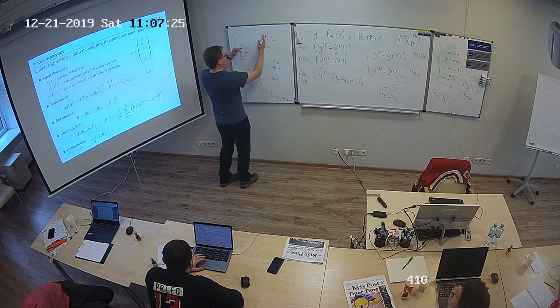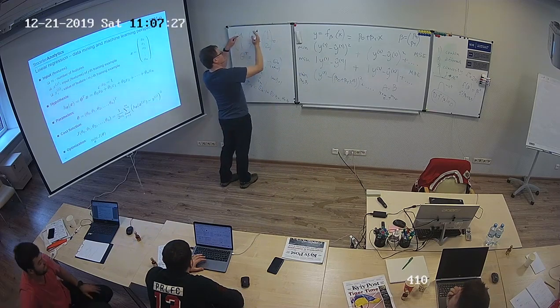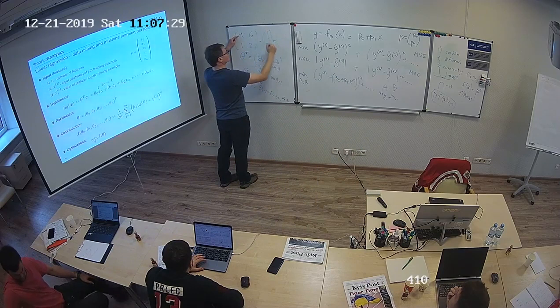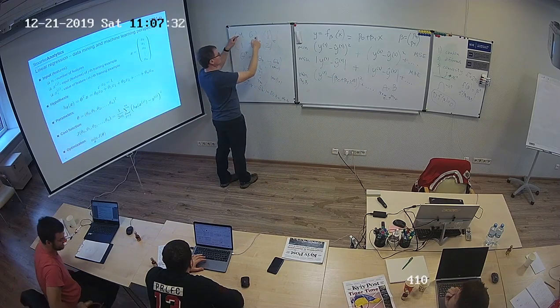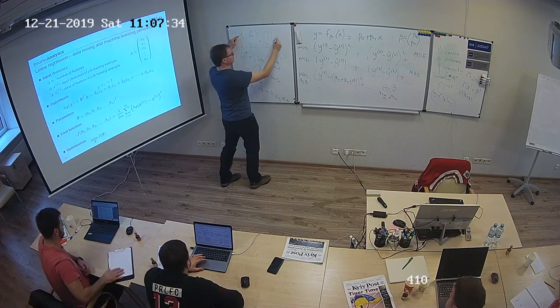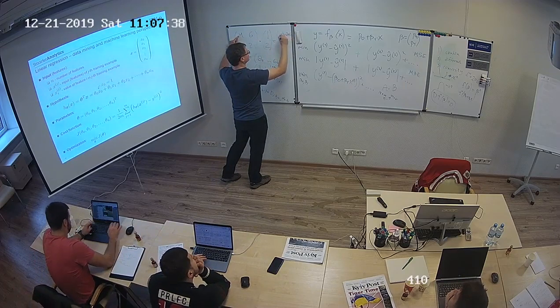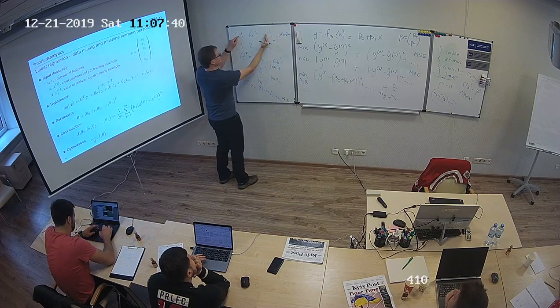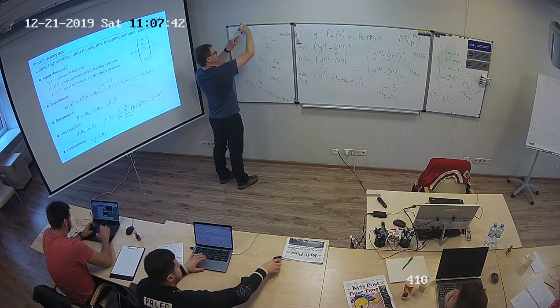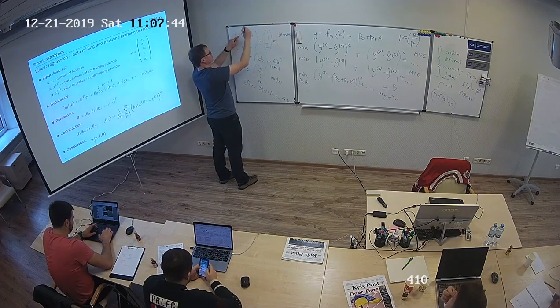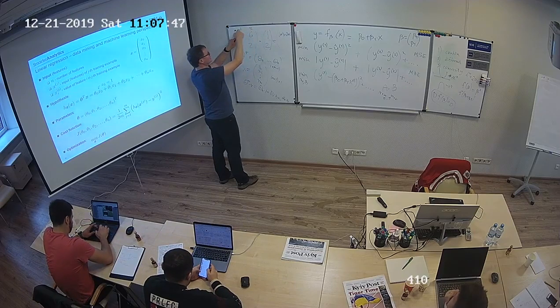You take this, overlay it over this, and the first coordinate is going to be 1 multiplied by 4 plus 2 multiplied by 6. Here you have 1 and here you have 2.